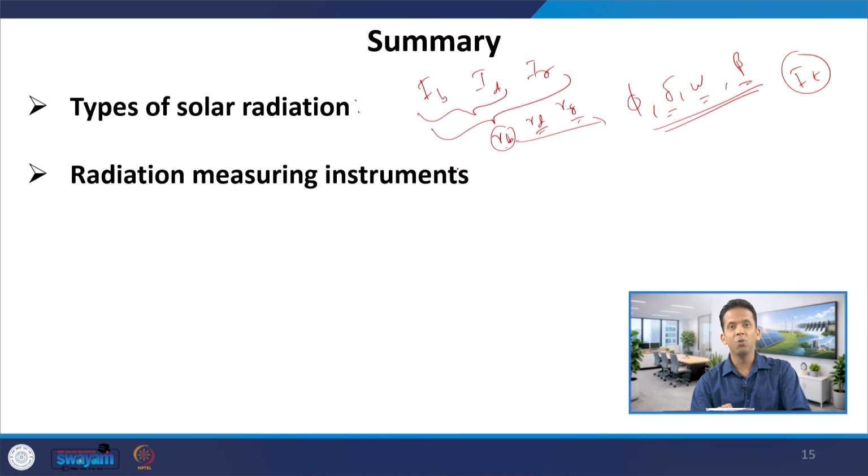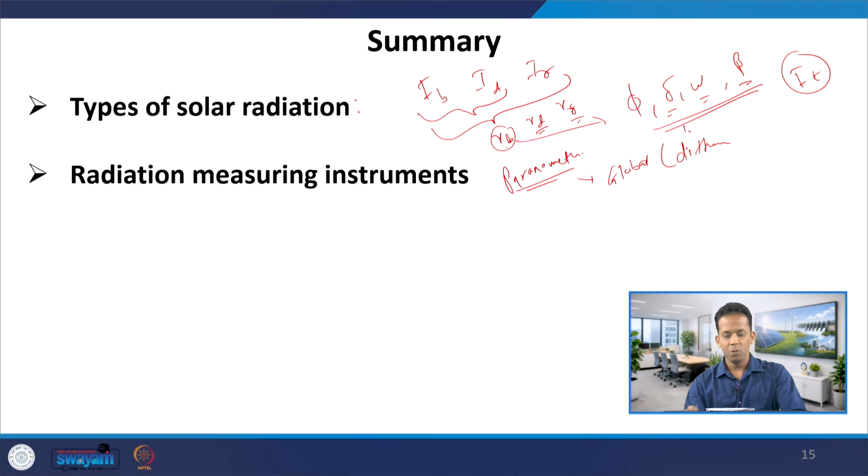Then in the measuring instruments, we saw the pyranometer, which is mainly used for global radiation or total radiation. Global means diffuse plus beam, but if we add a shading ring to it, we can measure only diffuse radiation, because the shading ring will block the beam radiation.